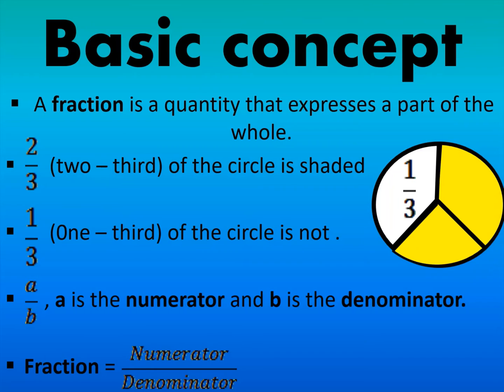The upside is the numerator and the downside is the denominator. In the example 2 upon 3, 2 is the numerator and 3 is the denominator. Same as in 1 upon 3, 1 is the numerator and 3 is the denominator.